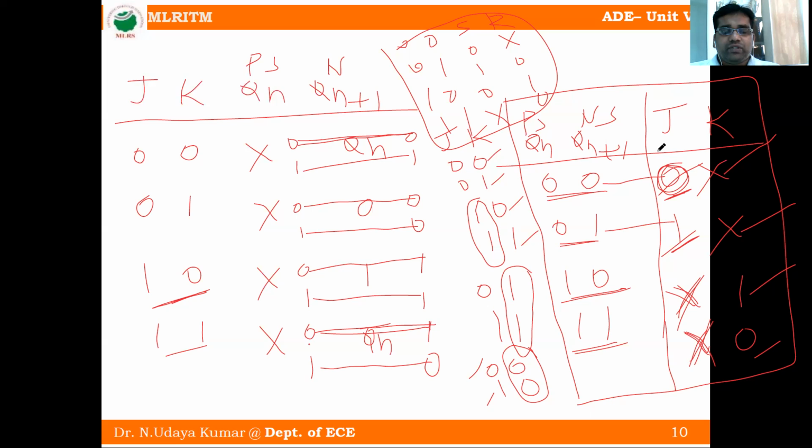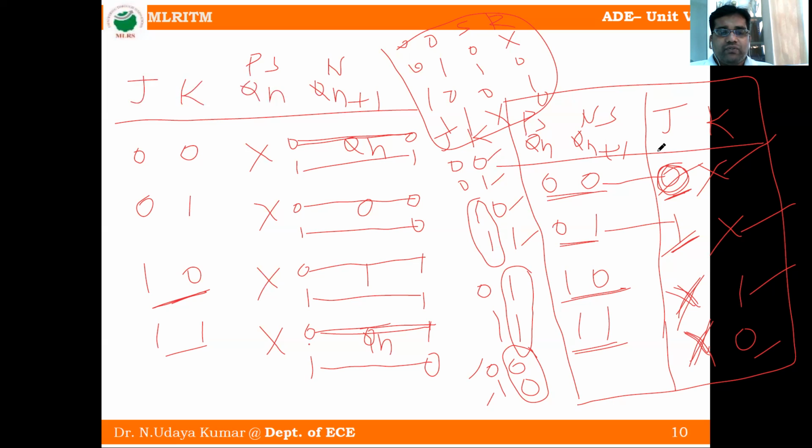After the truth table, we found the equation for the JK flip-flop. From the truth table, instead of don't cares we write either 0 or 1 and find the next state Qn plus 1. It is a 3 variable function, so we use a 3 variable K-map and find the equation for the JK flip-flop.